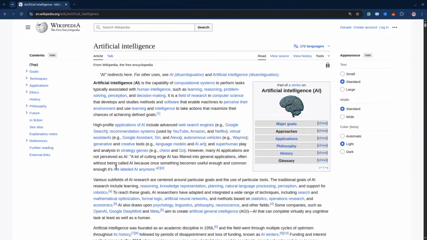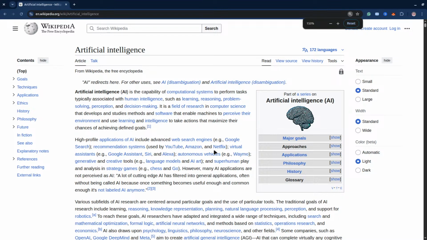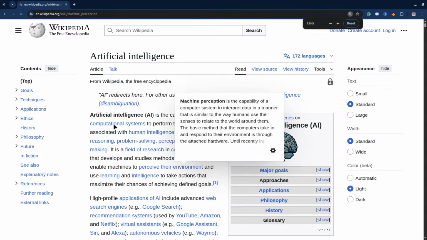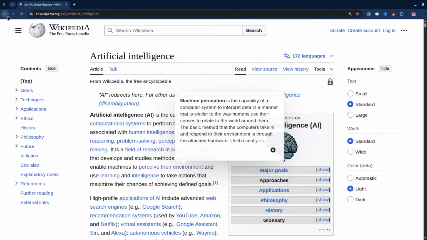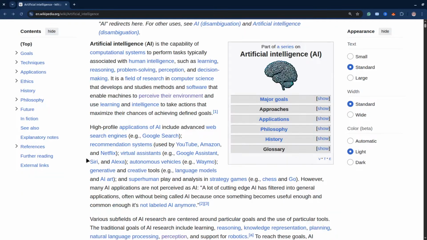So there are a lot of evolutions and history of artificial intelligence. If you check the history of artificial intelligence on Wikipedia, you're actually going to see that the system has passed through different phases.